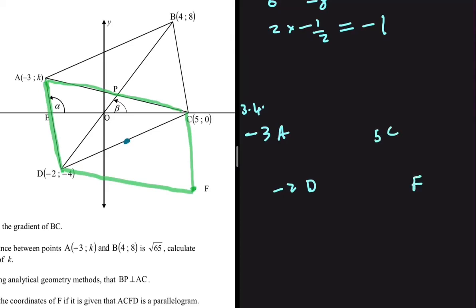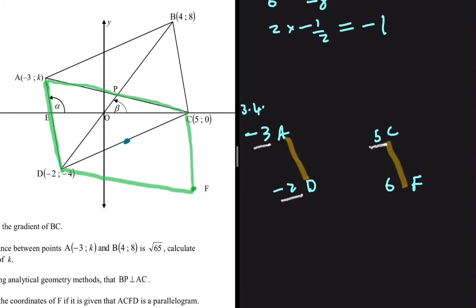The way the x values of A and D differ is the same way the x values of C and F are going to differ if ACDF is a parallelogram. So here we have -3 and -2. You can see that from A to D is +1. Here we have 5. So for the x value of F, we must have 5 + 1, which is 6. So we have covered the x value of F.